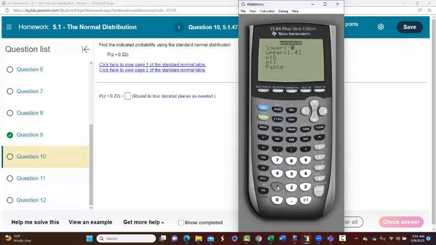So it's negative 1 second, comma, to get the 99 thing. That's your negative infinity. The upper value is 0.22. You don't have to put the 0 there, but I will. And 0 and 1 are good. Paste. Enter. So 4 decimal places, I like 5871.